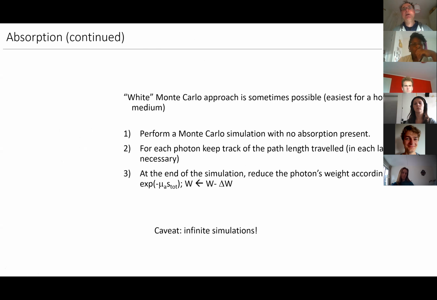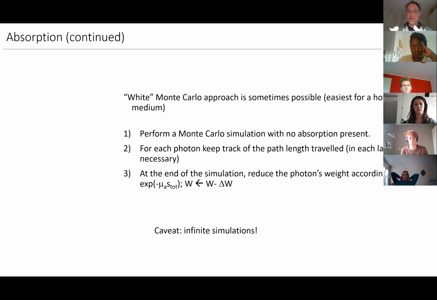Yeah, there is one more thing I should mention. There is some benefit in not using absorption in the simulation at all, because if you remember, we started out with absorption that just happened along the photon path. So if you do a simulation and you store the length of the path, then you can always add absorption later numerically.